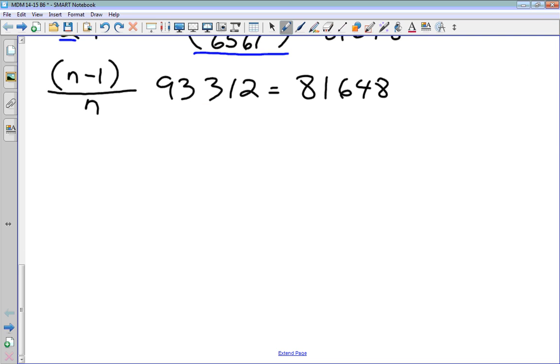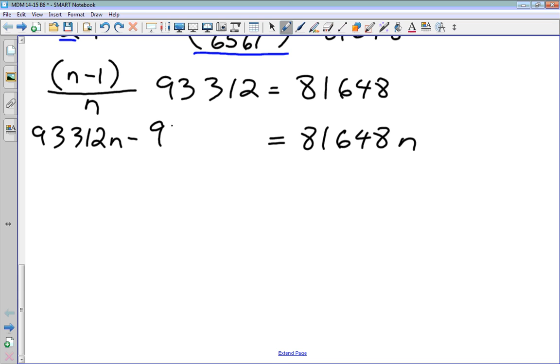How are we going to solve this? Well, if I cross multiply by the n, I'll get 81648 n over here. And if I expand, multiplying everything inside the brackets by 93,312, I get 93,312 n minus 93,312. Let's bring our terms involving n together.